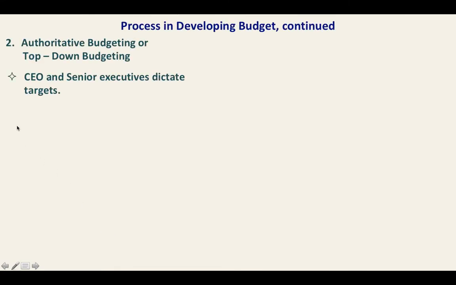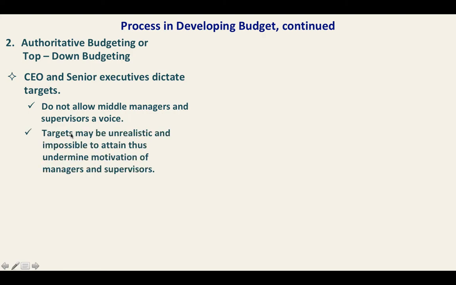And the second process is the authoritative budgeting or top-down budgeting. In this, the CEO and senior executives dictate targets. So here, it does not allow middle managers and supervisors to be engaged in the budget development.